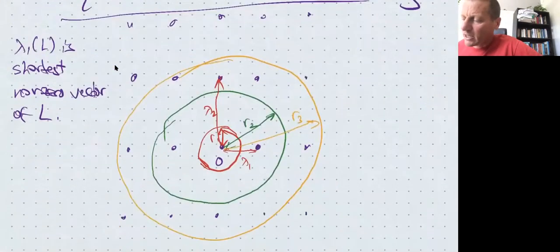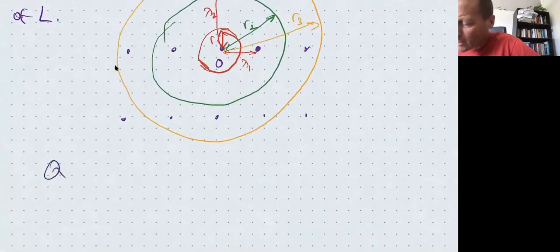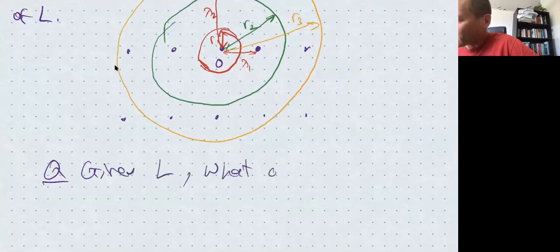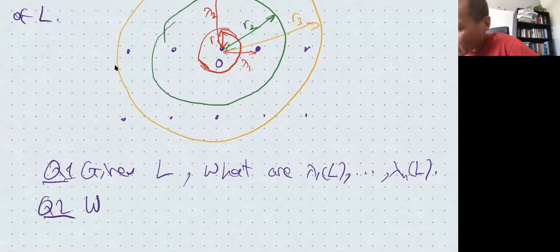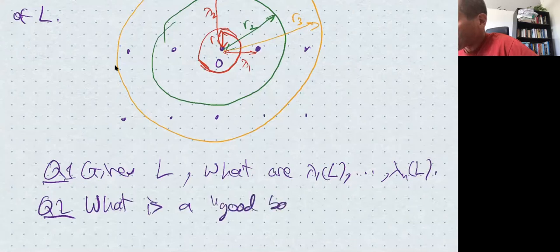And we can ask ourselves the question, given L, what are the values of this geometric characteristic of the lattice? And a related question, which I'm going to add to this, is what is a good basis for L?